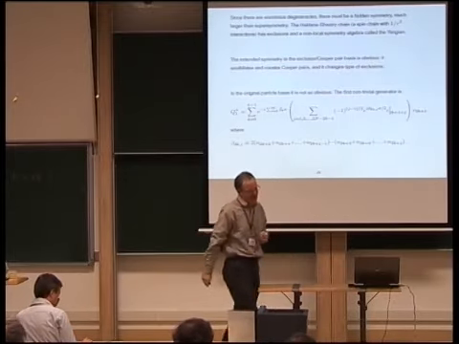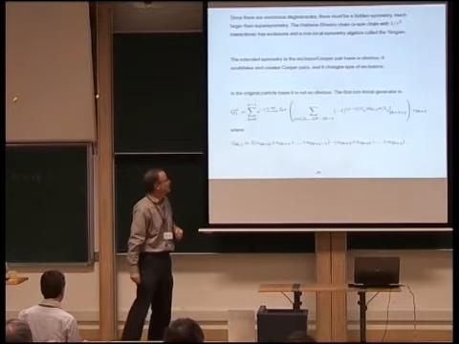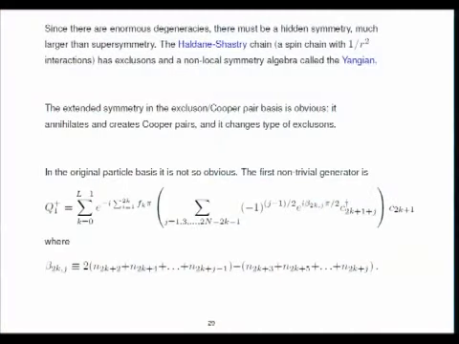Let's push that analogy just a little more. There's this symmetry he noticed there called the Yangian. Whenever you have unexplained degeneracies, what I told you a little while back was that anytime you have unexplained degeneracies, you must have some additional symmetry. So in this Haldane-Shastry chain, the symmetry is called the Yangian, which has to do with quantum groups and all sorts of neat integrable stuff. That's why it's named after Yang.